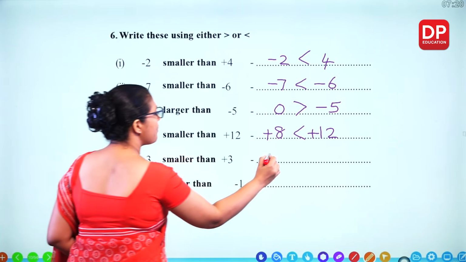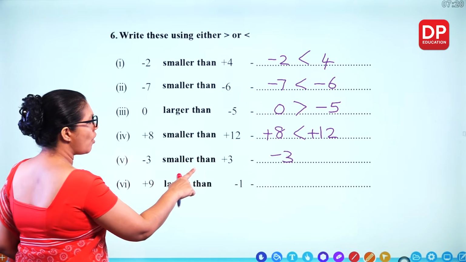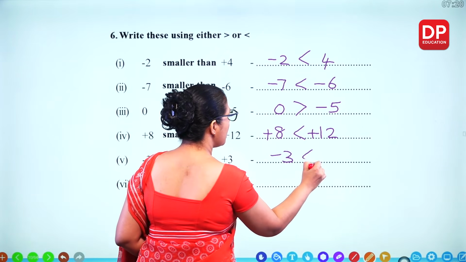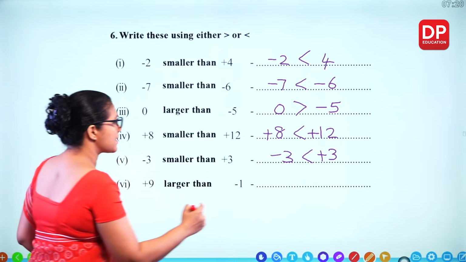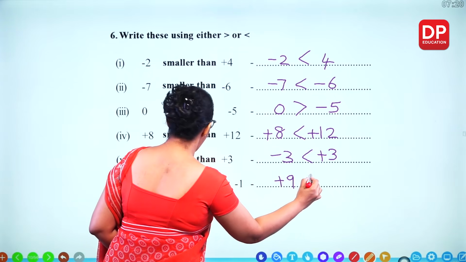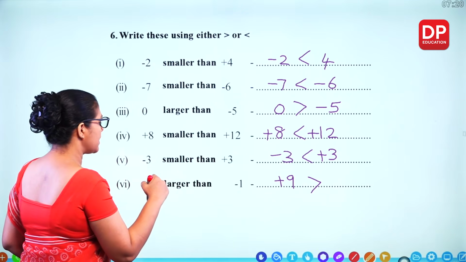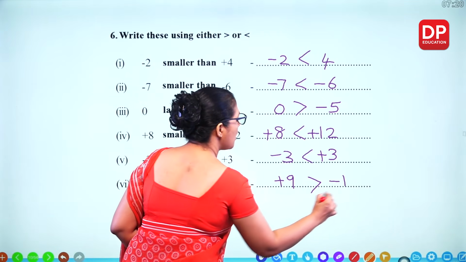Minus 3 is smaller than plus 3. Plus 9, larger means greater than minus 1.